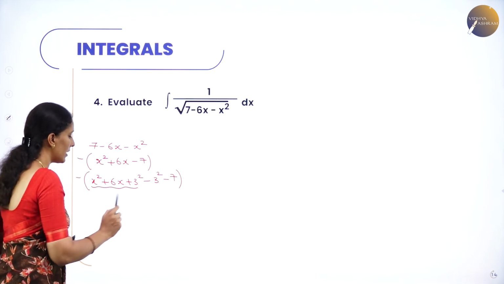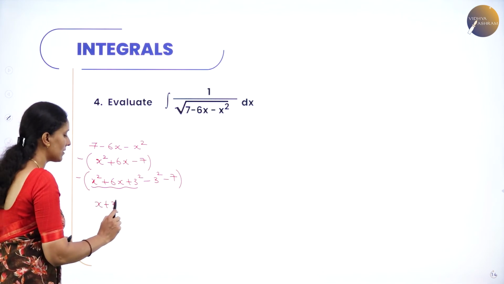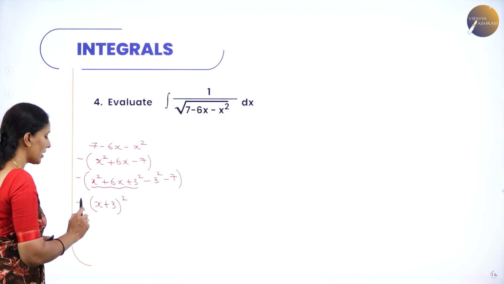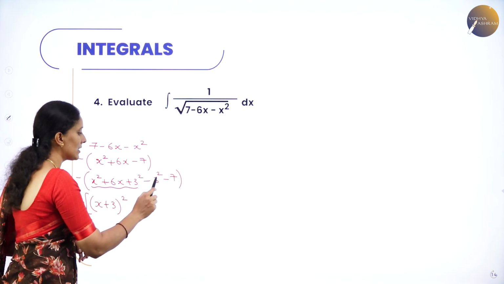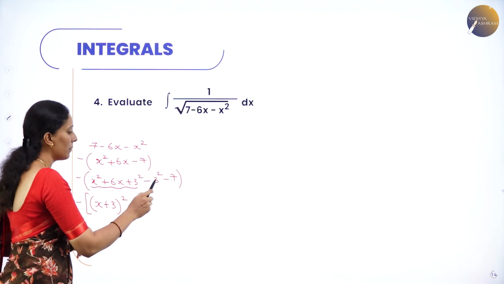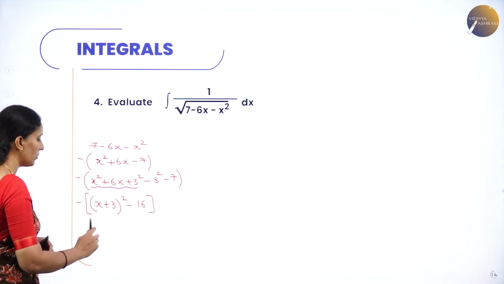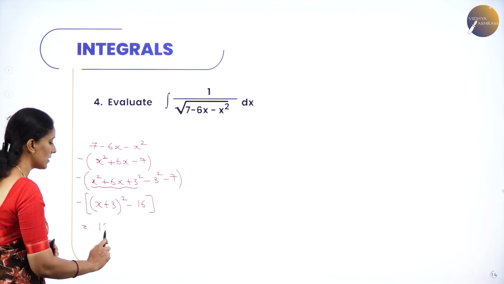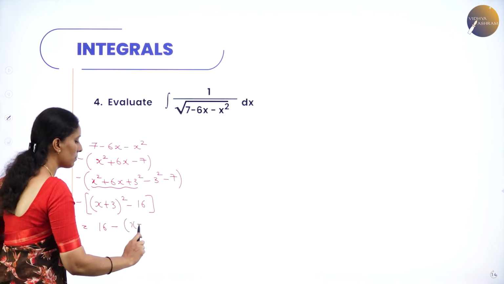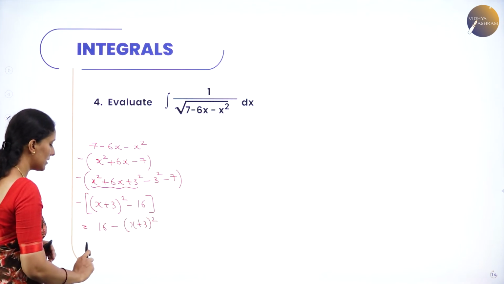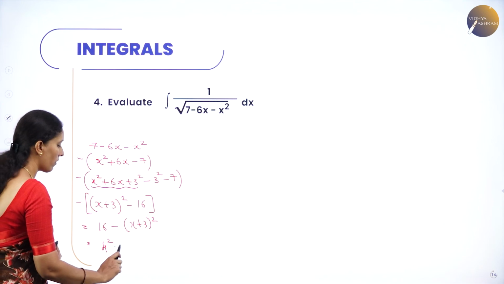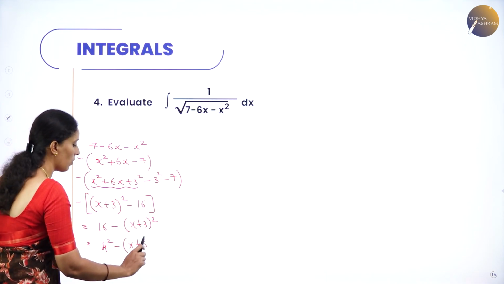Now the first 3 terms can be written as x plus 3 whole square, and outside I have minus. Minus 3 square is minus 9. Minus 9 minus 7 becomes minus 16. So when you rewrite this, this becomes 16 minus x plus 3 whole square. 16 can be written as 4 square minus x plus 3 whole square.